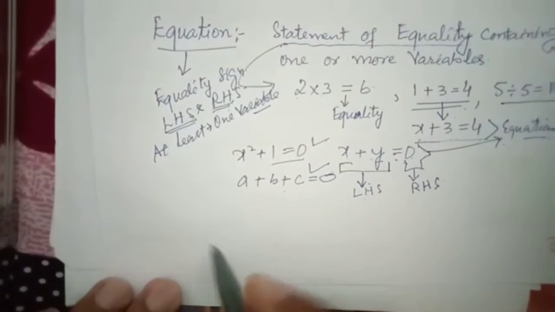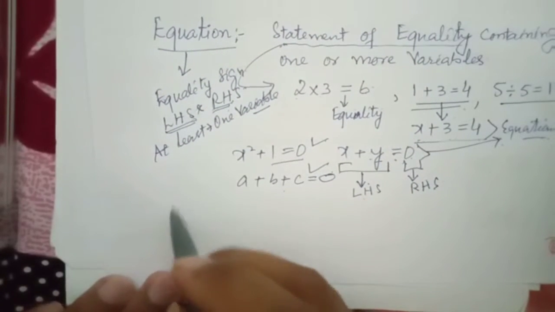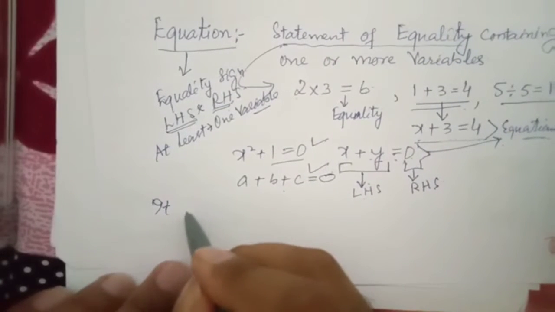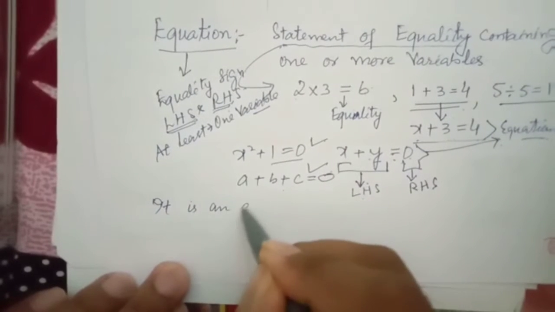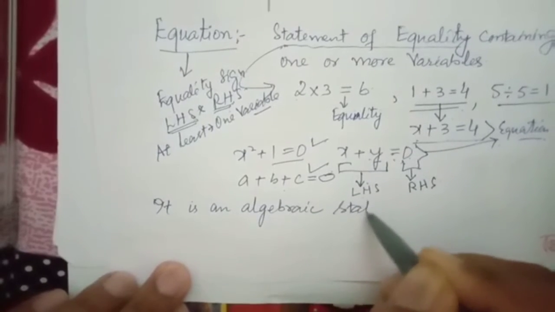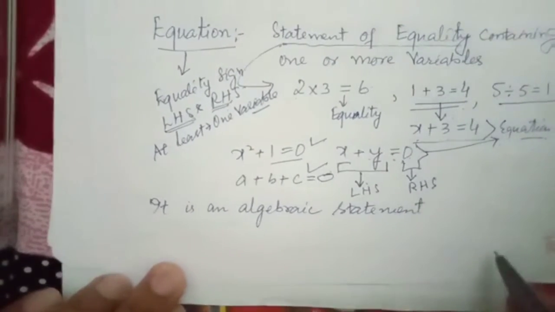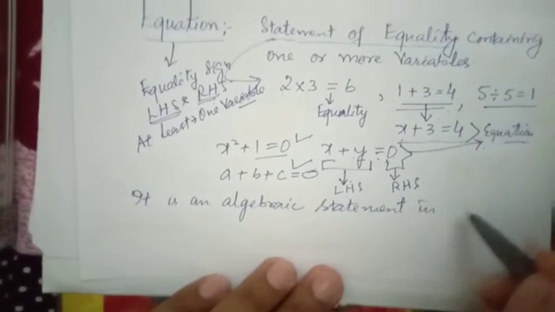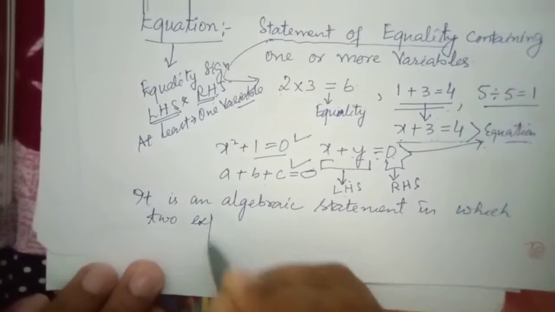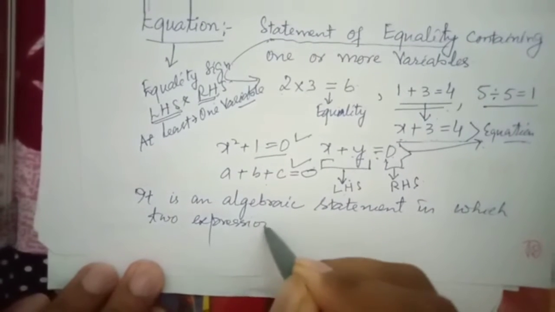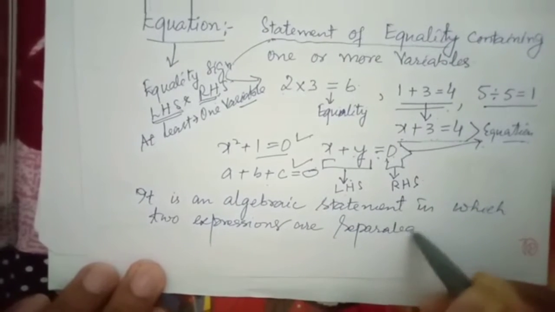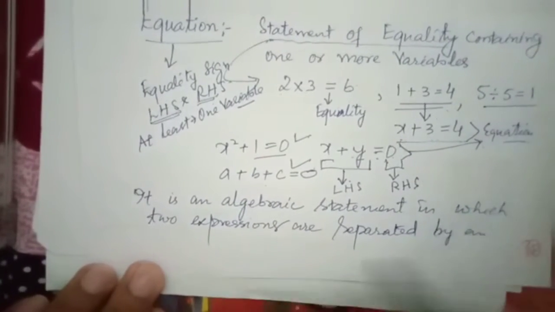Now we can say, again one more definition. We can define the equation. It is an algebraic statement. It may be defined as an algebraic statement in which two expressions are separated by an equality sign.